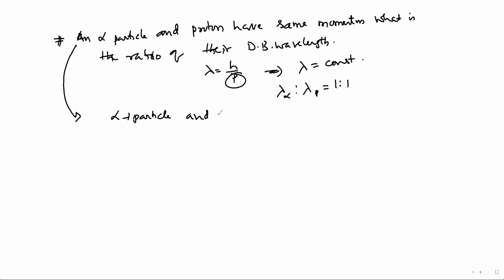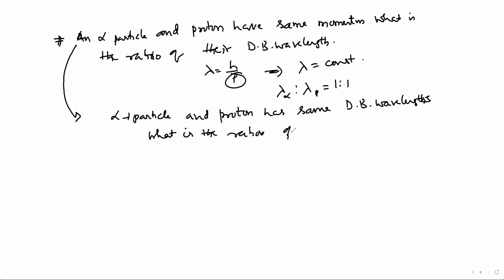Suppose in the same problem, an alpha particle and a proton have the same de Broglie wavelength. This is also asked. Now, what is the ratio of their kinetic energies? The de Broglie wavelength equals h by root of 2mK.